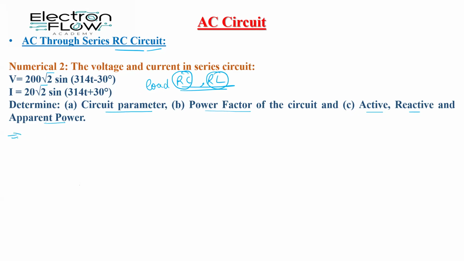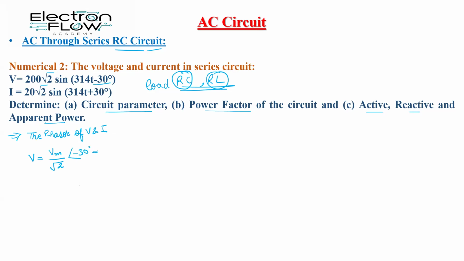Here, if I write the voltage and current in terms of phasors, the phasor of voltage is equal to Vm by root 2 at an angle of minus 30 degree, which is given to us here.